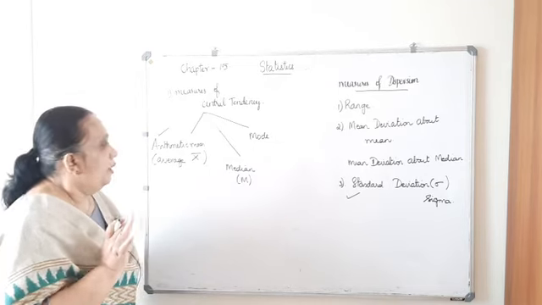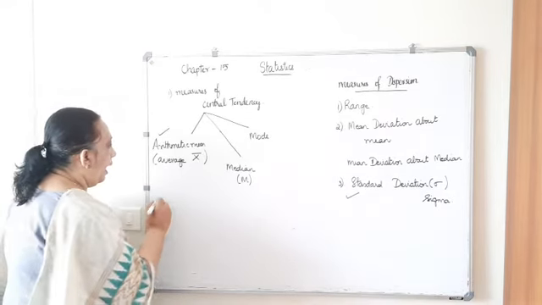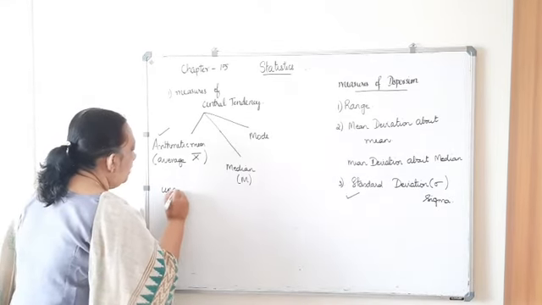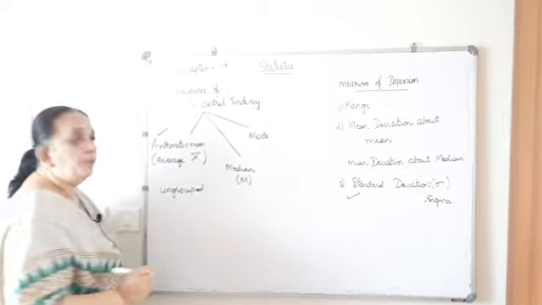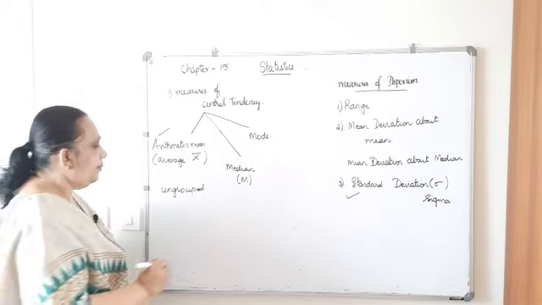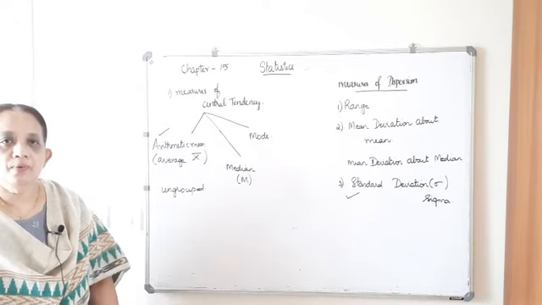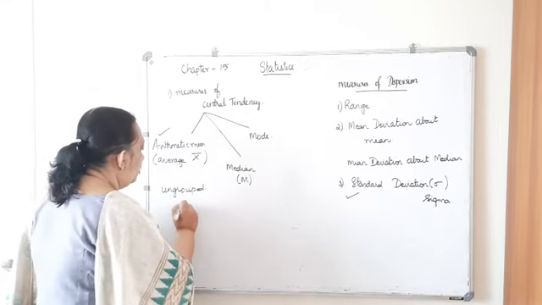Now, first of all, you have to study what is meant by ungrouped data and grouped data. In ungrouped data, suppose I am asking the marks of 5 students, randomly chosen.